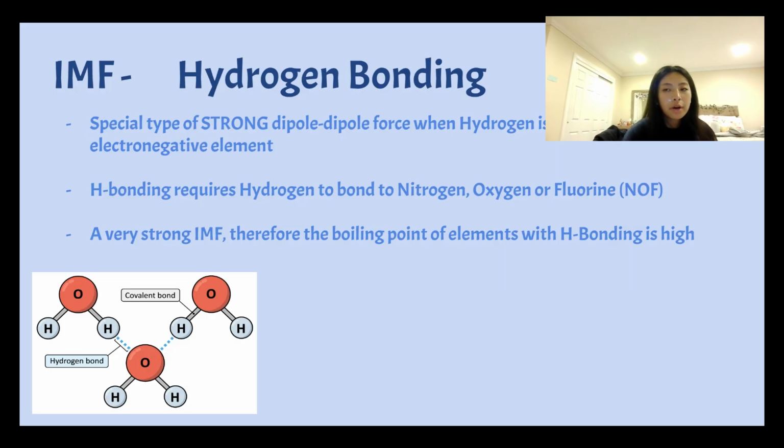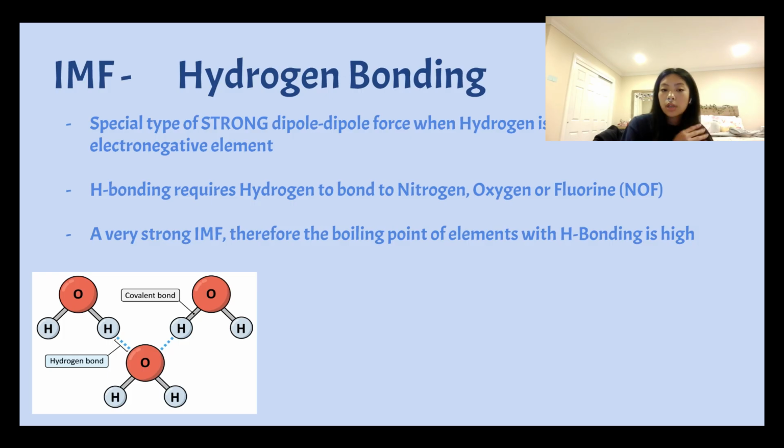So let's go over why your boiling point increases with IMF. We know that as the IMF increases, the energy needed to overcome your IMF also increases. And what is heat? Heat is energy. So as the energy needed increases, you need more heat.